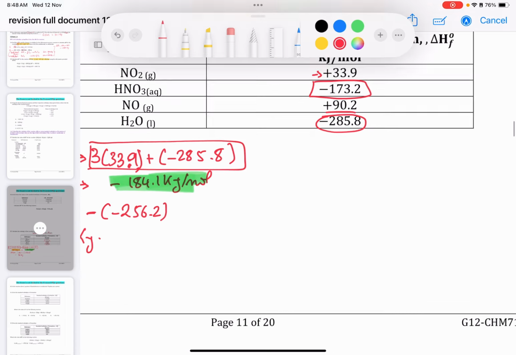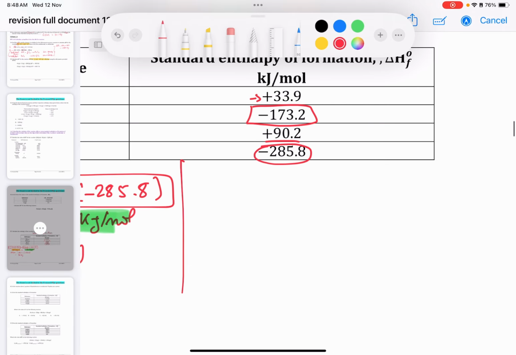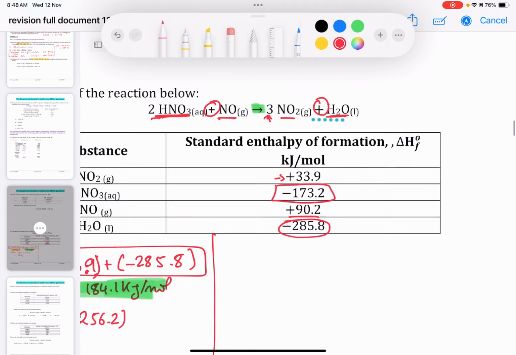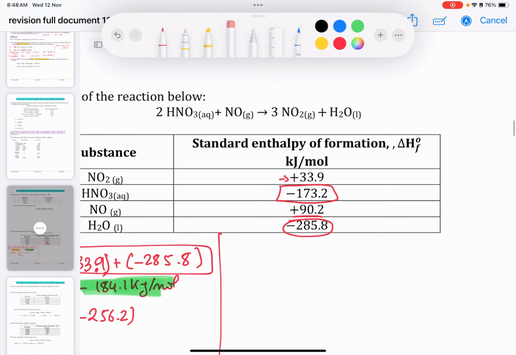Now let's do it in a different way, but we will get the same answer. The different way means that you are going to do the products separately, the reactants separately, and then get the difference at the end.